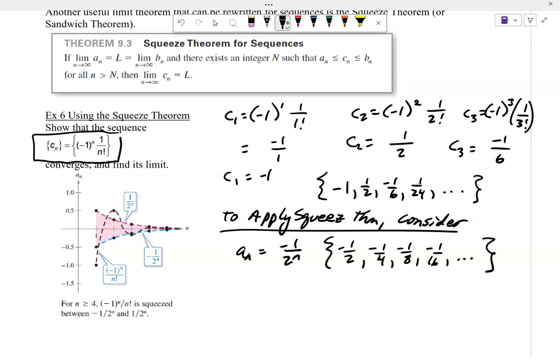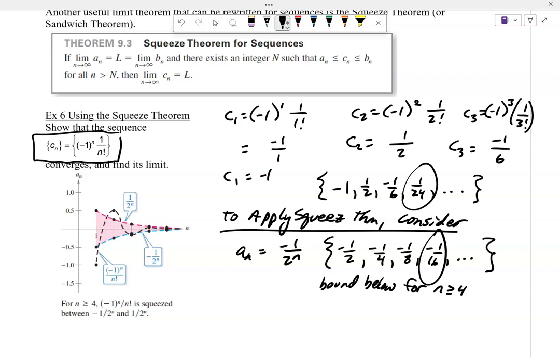And this will bound it below as soon as you hit anything for n greater than or equal to 4. See how as soon as you hit the fourth term, you're bounded below for the fourth term and above.